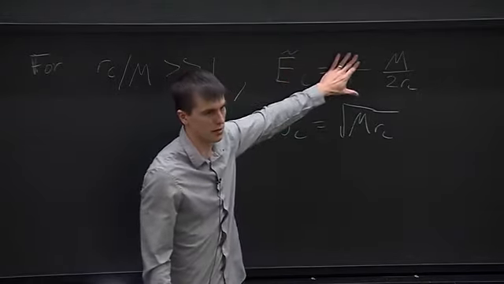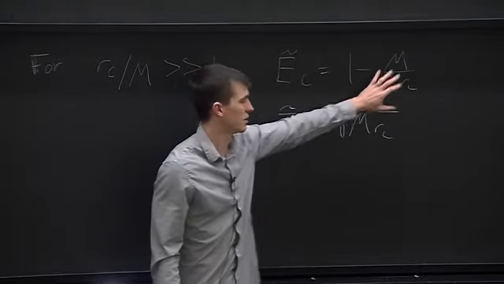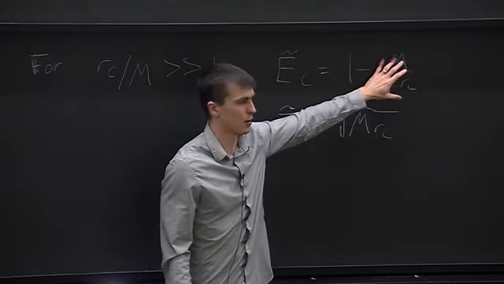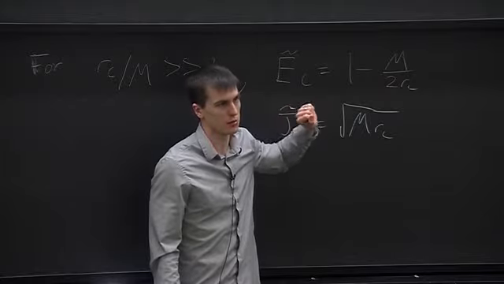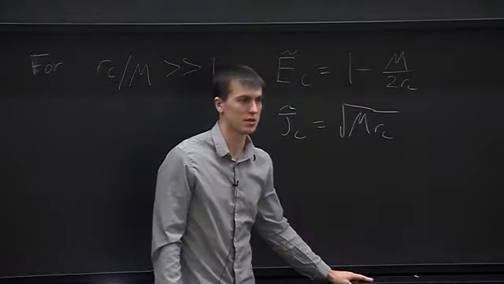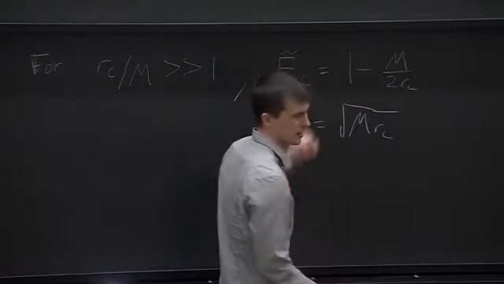So if you take away the rest mass contribution, then you just get the quantity you get for a Newtonian circular orbit once you add the kinetic energy to the potential energy. And same for the angular momentum.